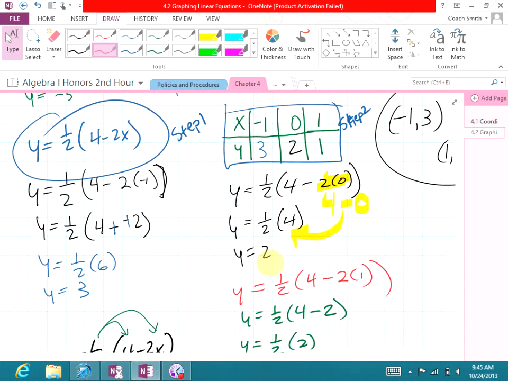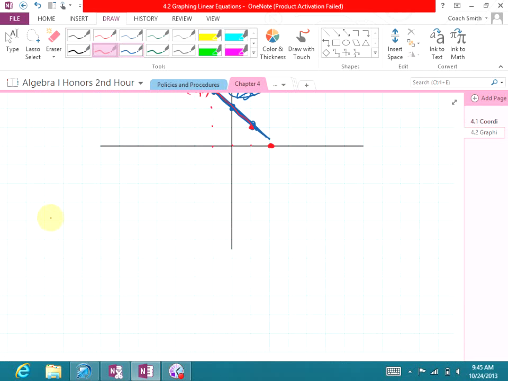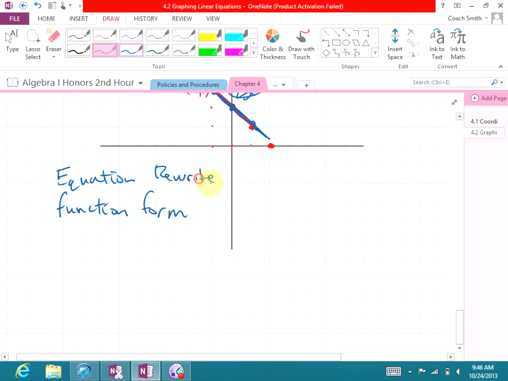If they ask you to, let me write them out for you. That way you'll know. If they ask for function form, they want you to take the equation and rewrite it in function form. Well, that's step 1 of our process.